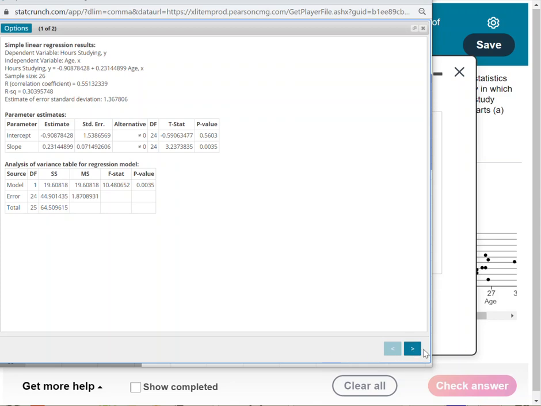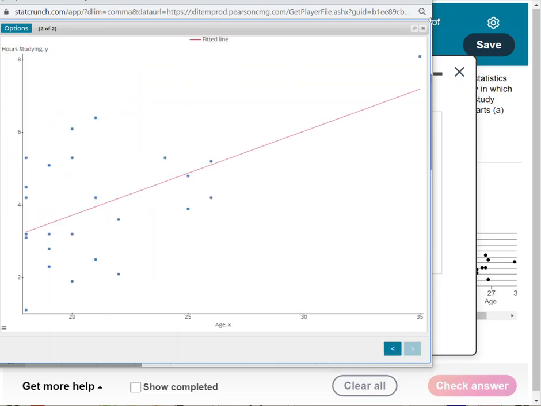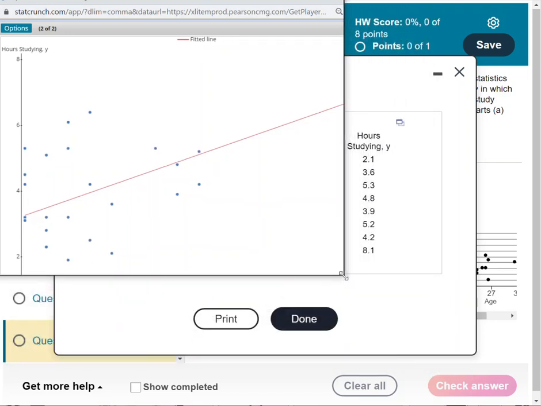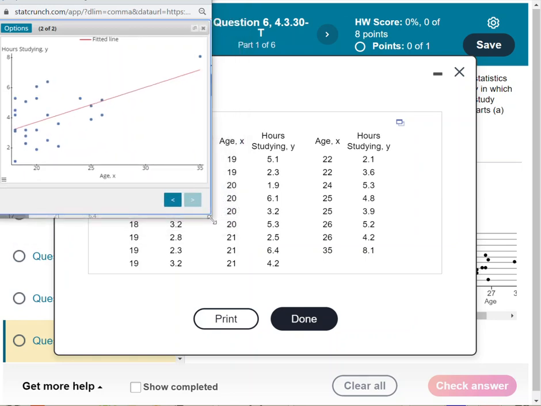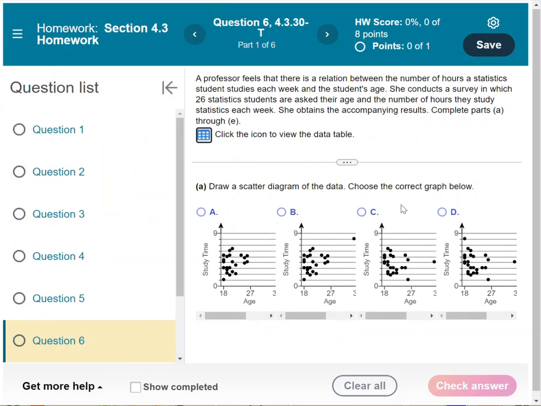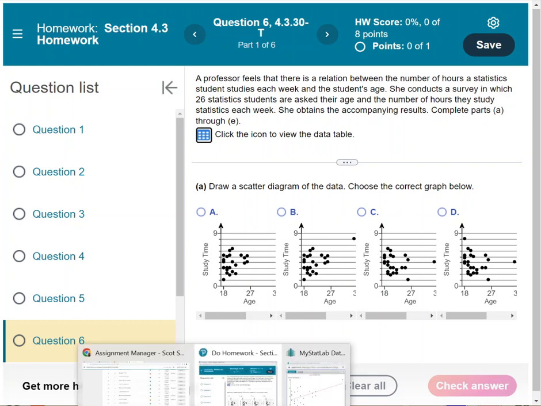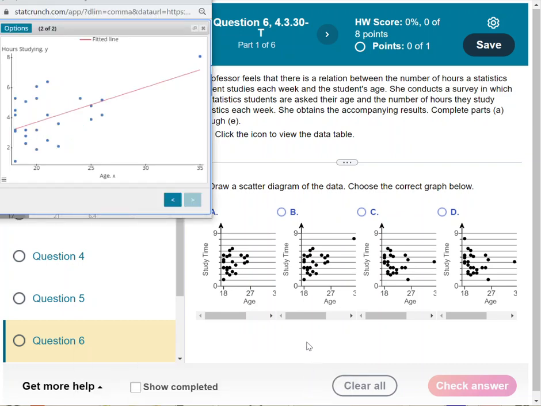Let's go ahead and go to the line. And we need to figure out which one this is, so I'm going to go ahead and make this a little bit easier to see. And let's go back.